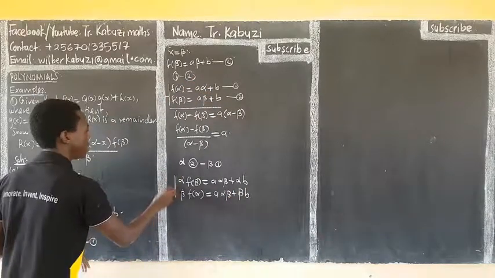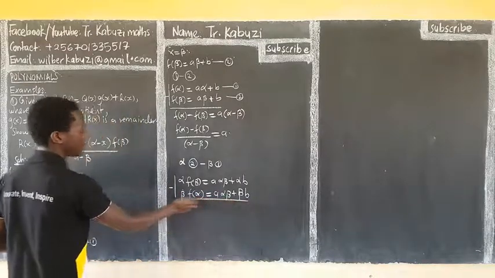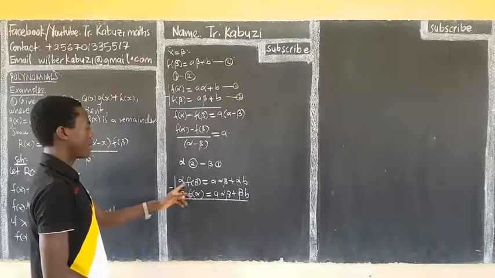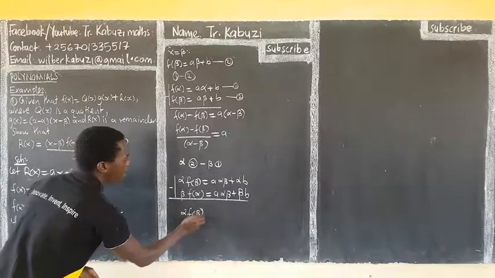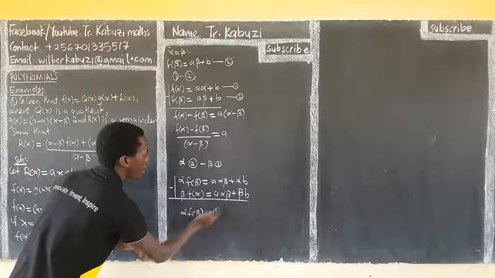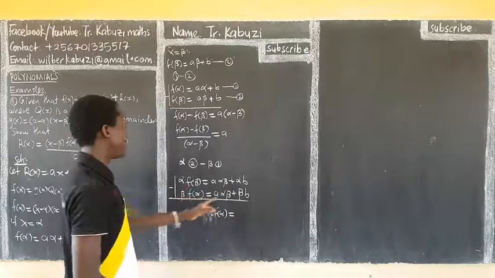Then we subtract these two because we want to eliminate this and they have the same signs. So when I subtract, I get alpha f of beta minus beta f of alpha equaling to this minus this, it goes.